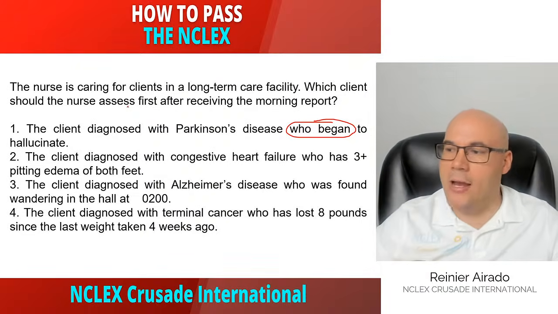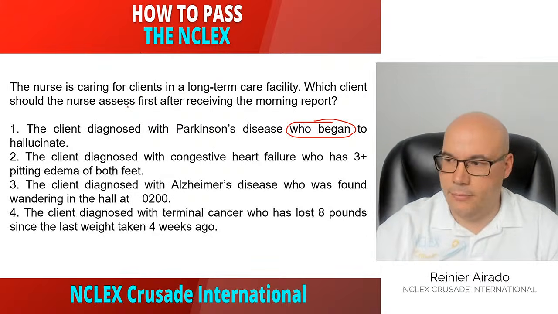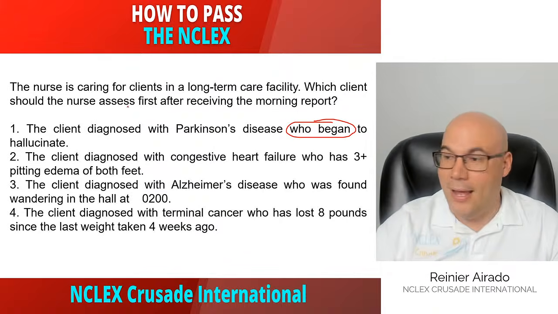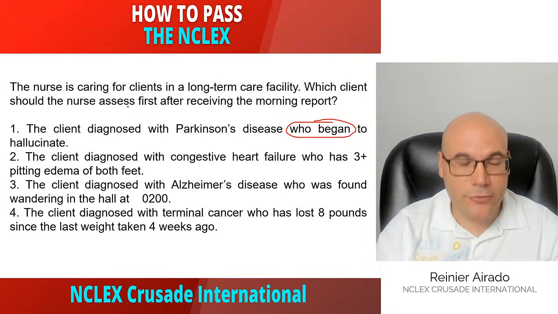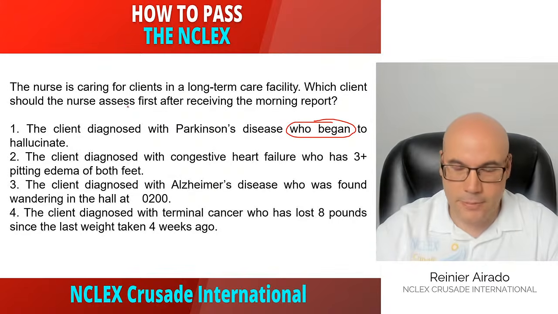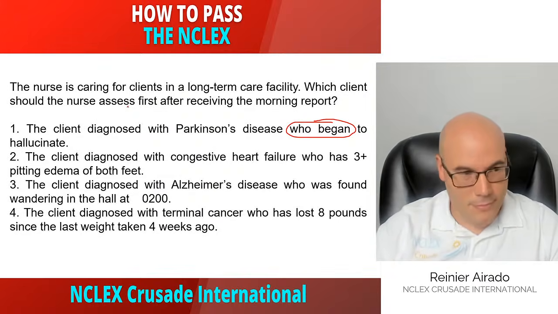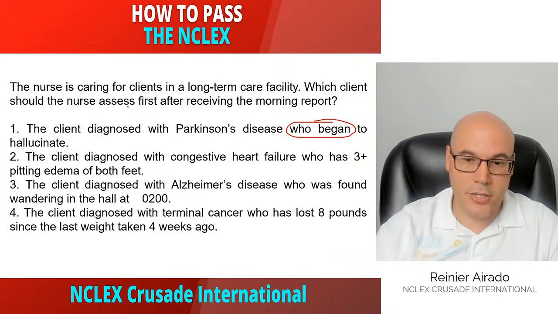But what is going on now? The patient began to hallucinate. Why the change in condition? What is going on? I don't know. I just came on duty. I have to find the most unstable patient. So for now, answer number 1 looks very good because there is a change in condition.